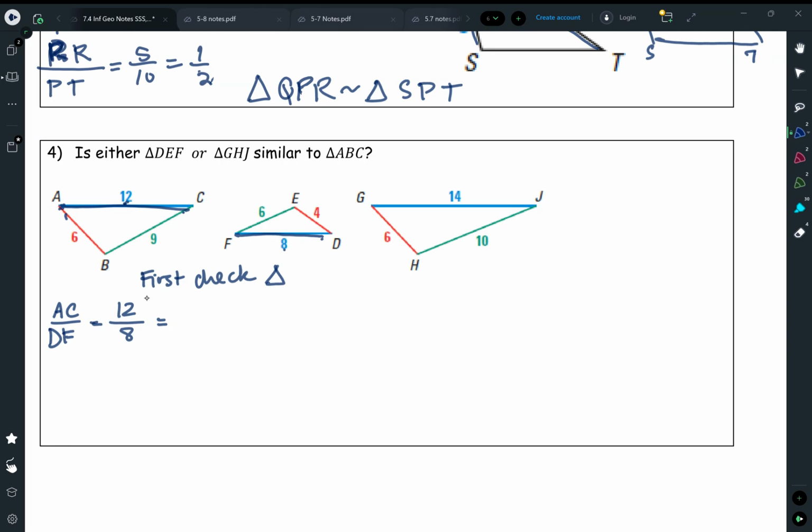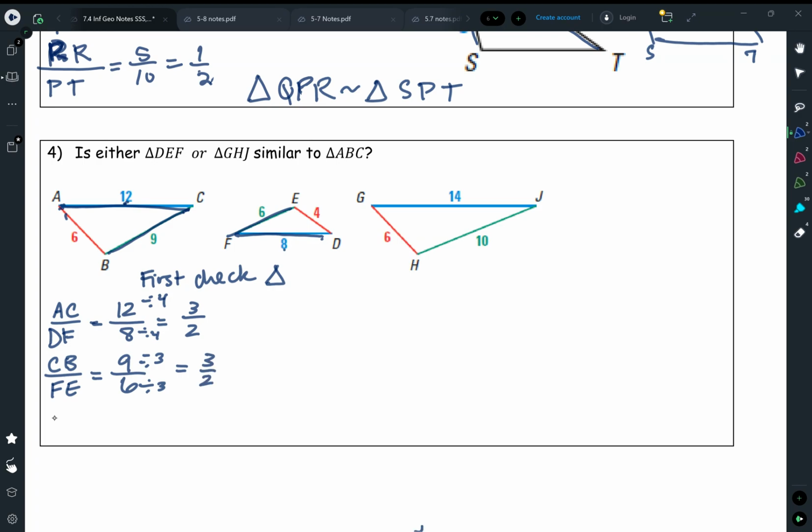And this one's going to reduce down to 3/2. Then I'm going to look at CB to FE. And CB is 9, FE is 6. Divide by 3, divide by 3, so that's going to be 3/2 as well.